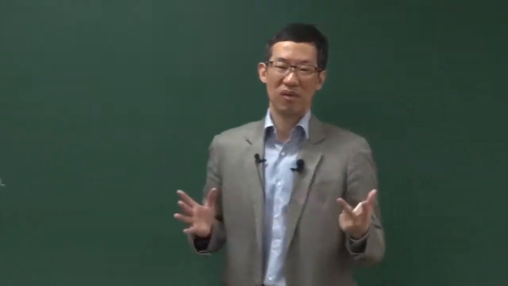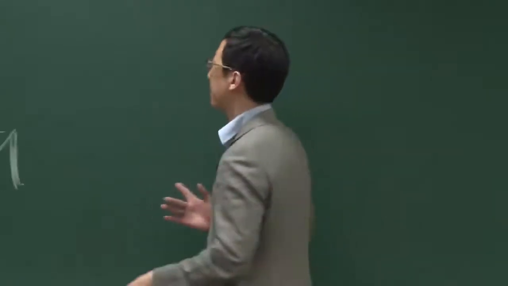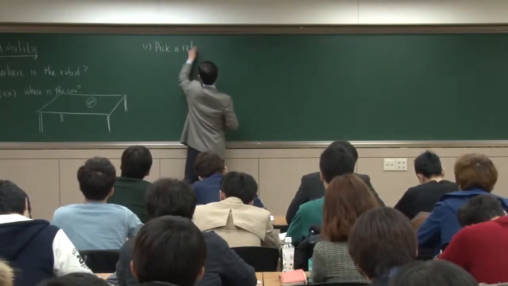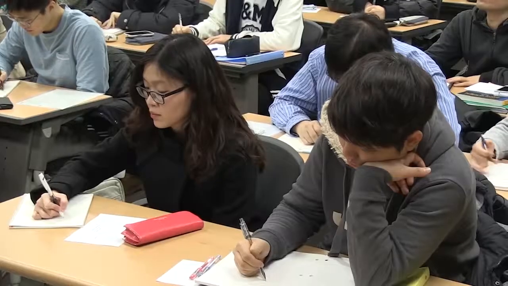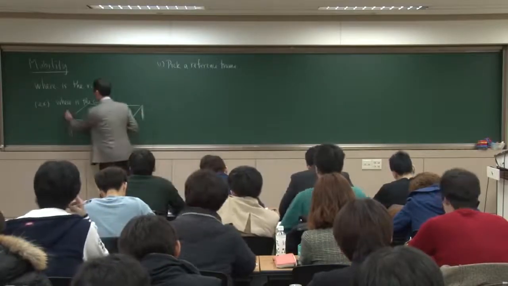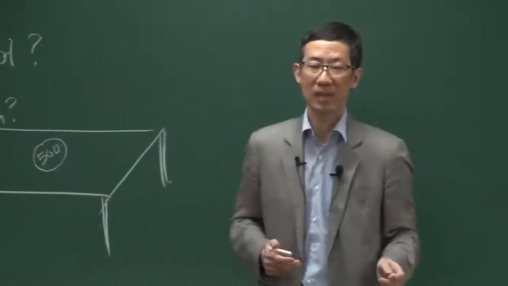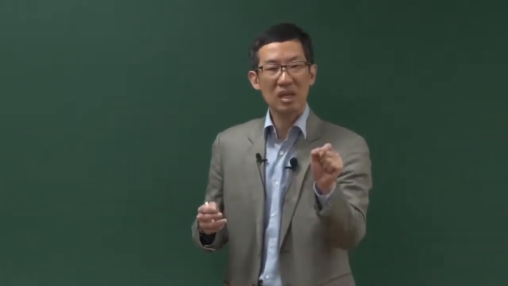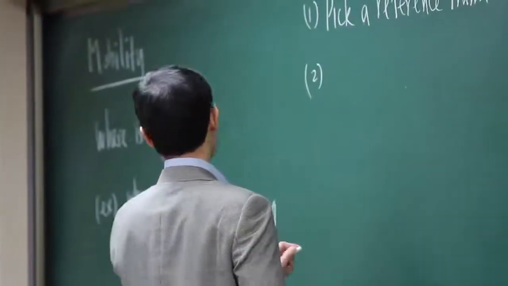First thing to do is to pick a reference frame. So let's pick one. Let me draw it here. And now we have to pick some points on the coin. So let's pick some points on the coin.